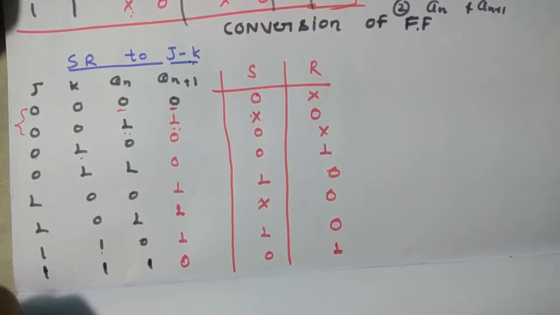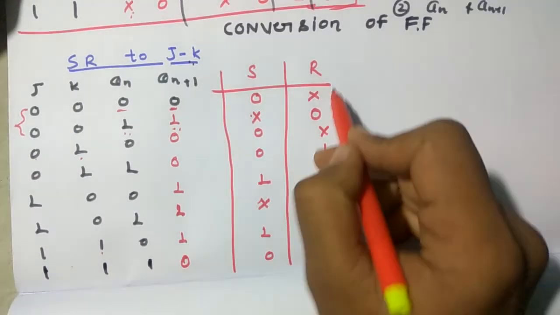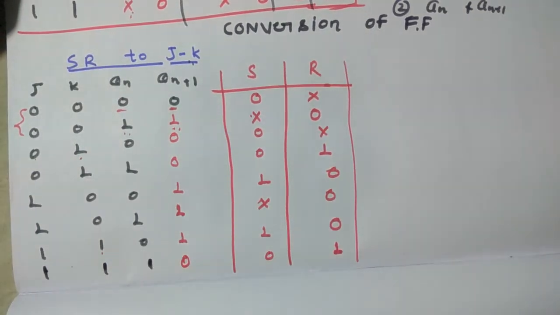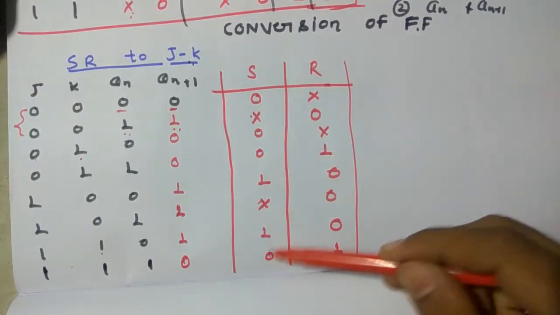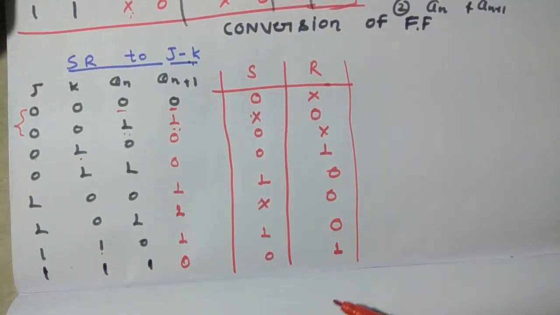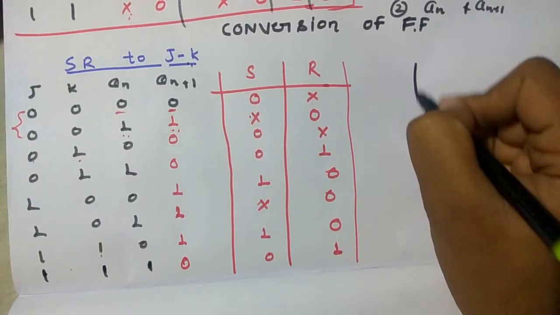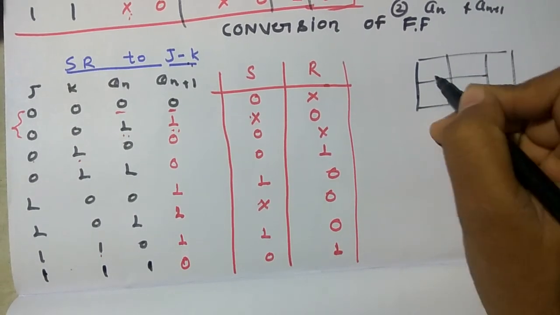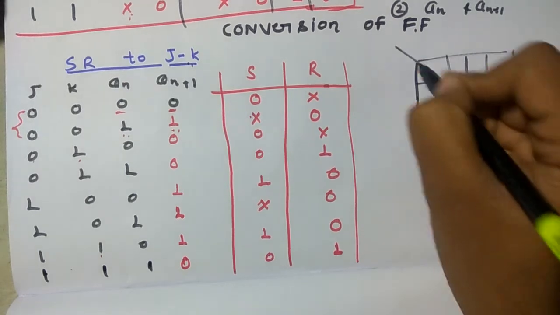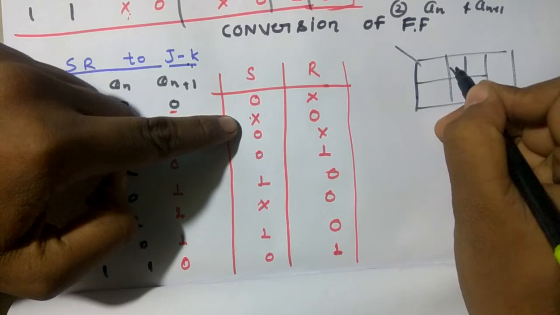So guys, with the help of that table, I have made this characteristic table of the SR flip-flop. Now we have to solve this by K-map and come to the conclusion. So we will put it into the K-map. This is for S: 0, and then cross.